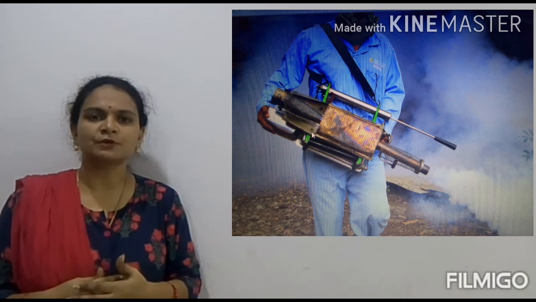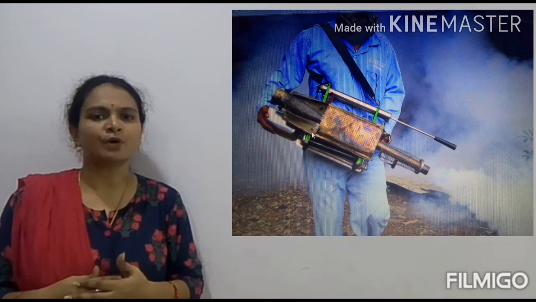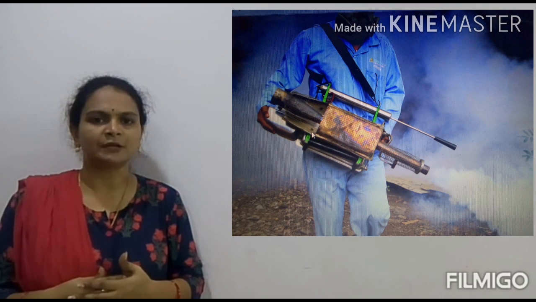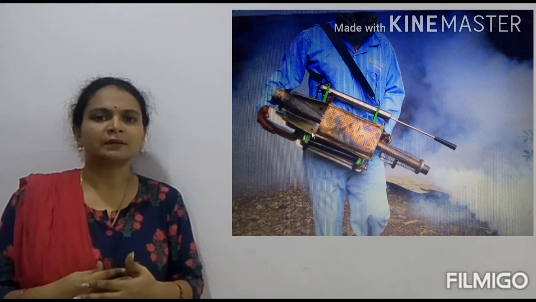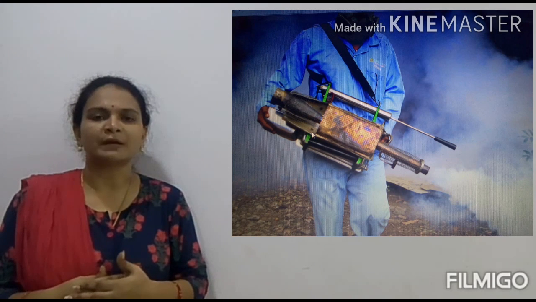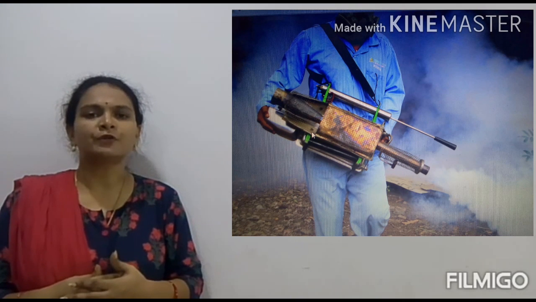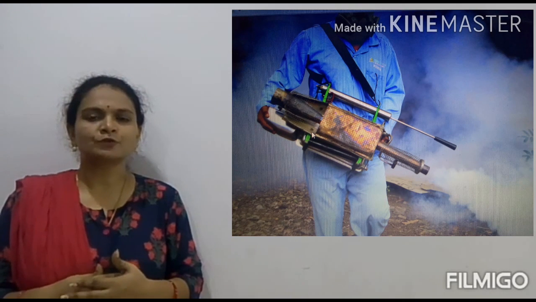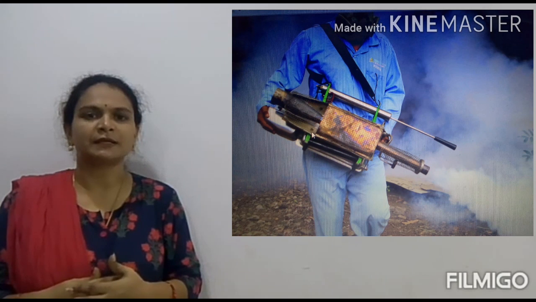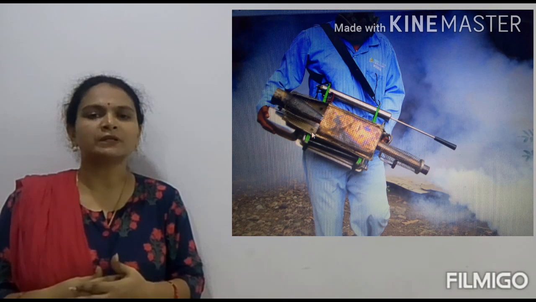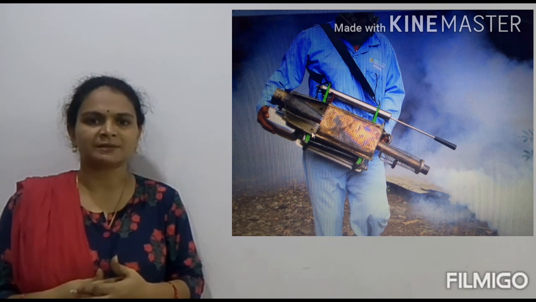Once we expose them to sunlight, definitely the moisture content will be reduced, so the grains do not allow the growth of microorganisms. In addition to that, we need to follow the fumigation method also. So if we follow certain steps, definitely we can avoid the loss during storage of grains.